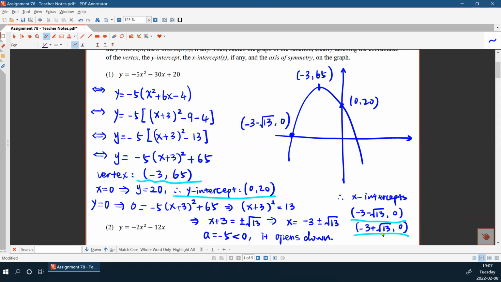And apparently the other x-intercept is -3 plus square root of 13. This is apparently greater than -3, right? So you need to mark it to the right of the vertex's x-coordinate. Okay, and this is the axis of symmetry, which is x equals -3. And then we put the expression of the function next to this curve here.